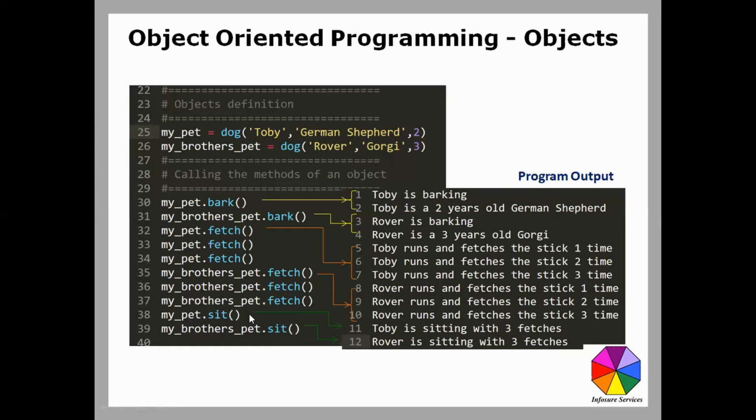So my pet dot sit and my brother's pet dot sit: Rover is sitting with 3 fetches. That's a getter method. So what you're saying is, in the backend it is encapsulated, and you program the count to increment. Correct?